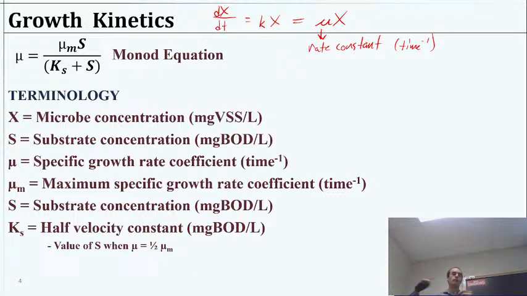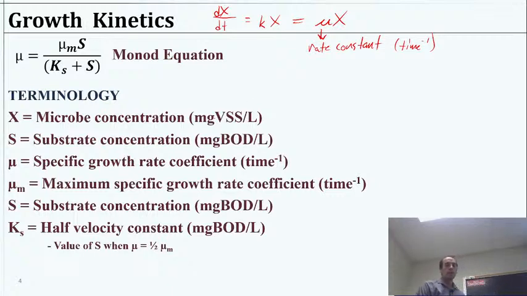And at the low end, we're just not going to have much growth. It's going to be very slow growth. Okay, so practically speaking, that's what that model does, and as we'll see in a minute, we can plot the actual growth rate coefficient, the mu, versus substrate concentration, and we'll see just that. We'll see some sort of a relationship where it's getting faster and faster, but it plateaus.